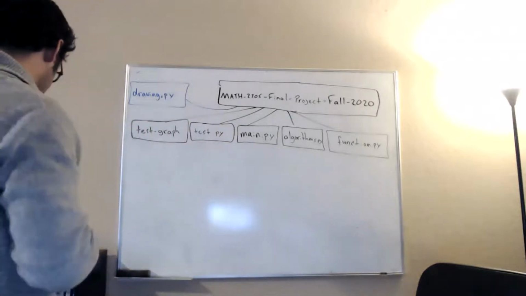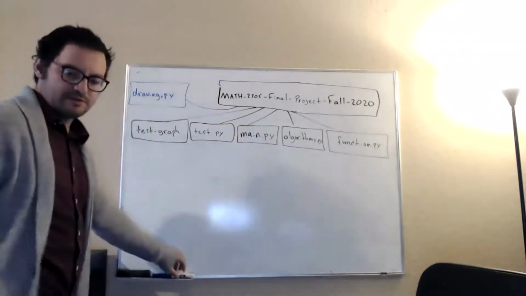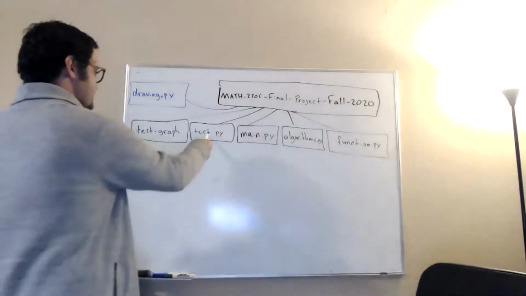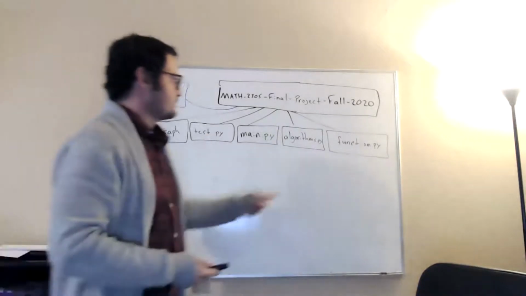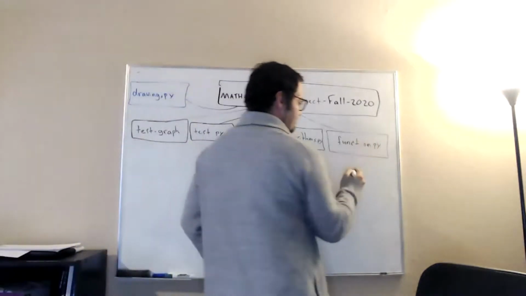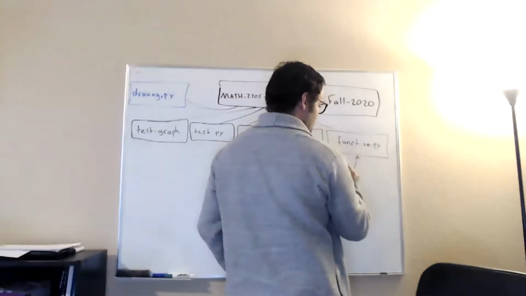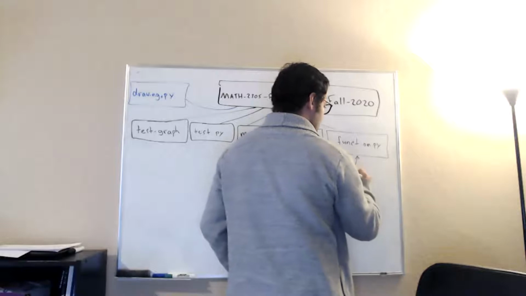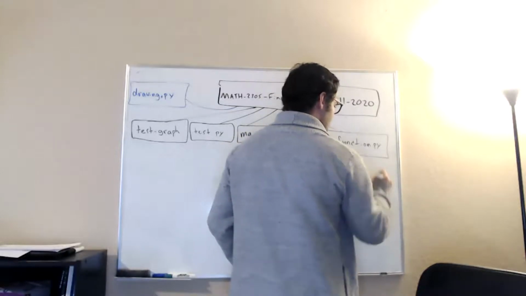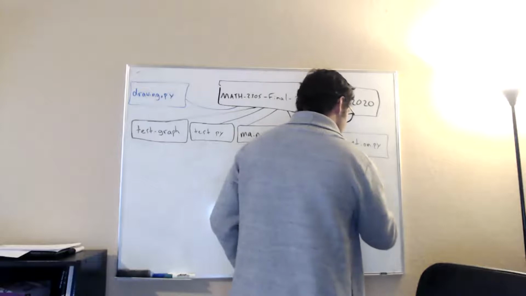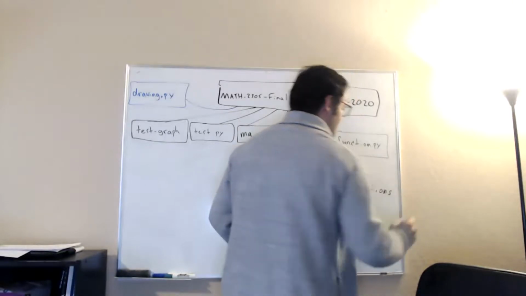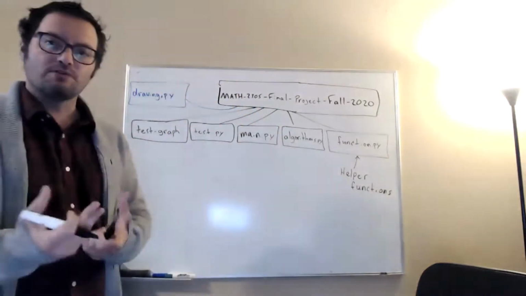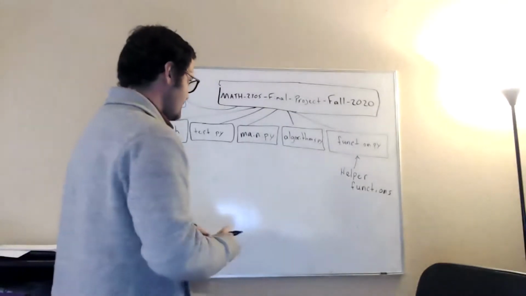Okay. So again, just to describe what these scripts do, test is where you're going to test out all your basic functions that you're going to write, that you're going to put inside of here. So inside of functions are what I'm going to call your helper functions. And these functions are going to break down the pieces of Prim's algorithm into various smaller parts, right?